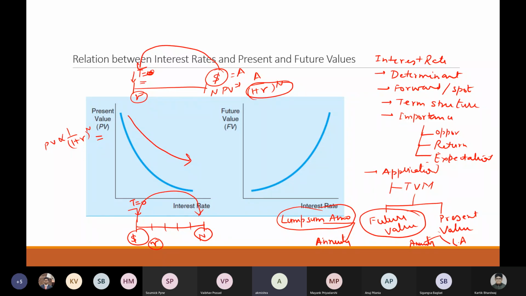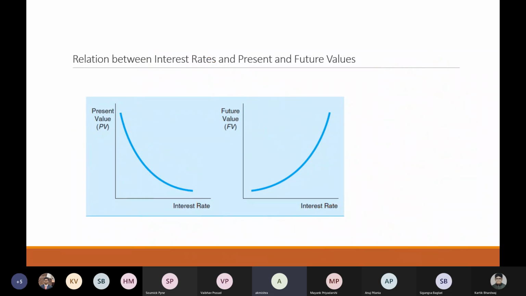Also, if your number of years is going to increase, you will have a higher slope for your present value. In the same way for future value, it is just the opposite. If you are investing a certain value today, it is going to be compounded for n time periods. It means there is a direct relationship, so you will have an upward slope with interest rate. This is what we have already discussed.